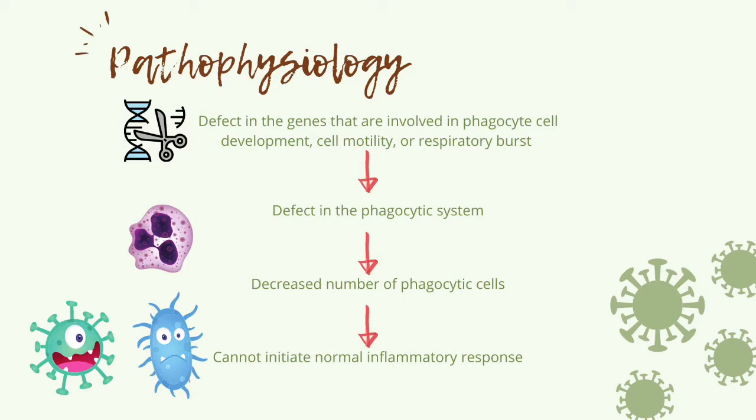Then, with that, there will be a decreased number of functional phagocytic cells. With a decreased number of functional phagocytic cells, the body cannot initiate a normal inflammatory response. By this, persons with phagocytic dysfunctions are prone to viral or bacterial infections.